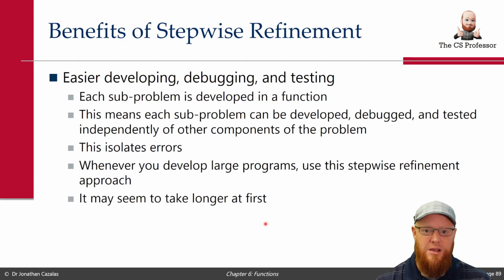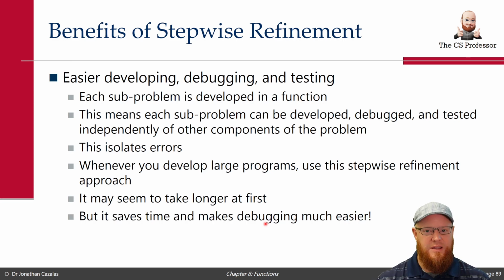So whenever you're dealing with a large program, similar to the kinds of ones that I'll often give to students, you want to use stepwise refinement and function abstraction. You want to try to throw as much as you can into individual functions to therefore isolate any problems that occur to those functions. And then once those functions are ready and are working correctly, you then put the entire program together.